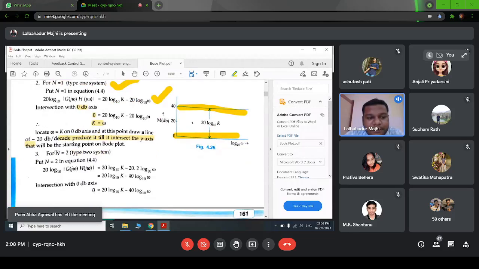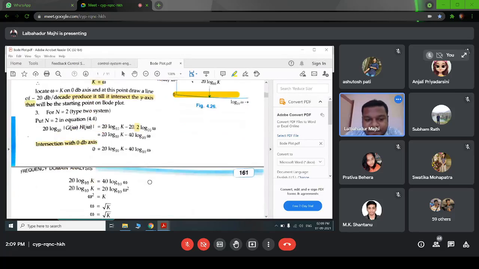Similarly, for a type 2 system, we put n equal to 2. The magnitude of G(j omega)H(j omega) is 20 log K minus 20 into 2 log omega. It will intersect the 0 dB axis when the magnitude becomes 0, that is, when 20 log K equals 40 log omega.